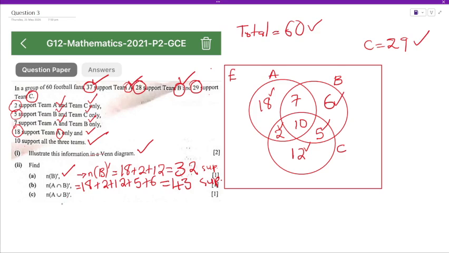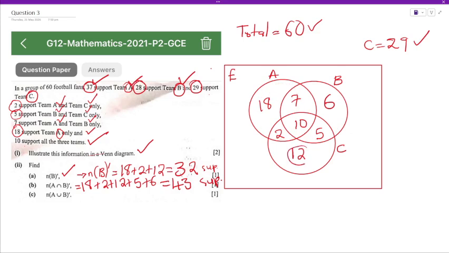Go to C, number of elements in A union B complement. So identify the region first. What is A union B? When you find it, then you can subtract it from what you should get. Don't add anything in that region. So this is A, and this is B, which simply means all these values inside these two sets.